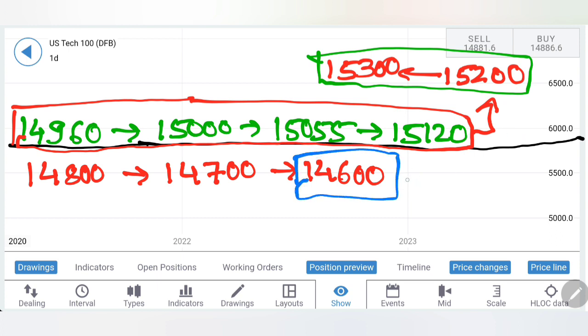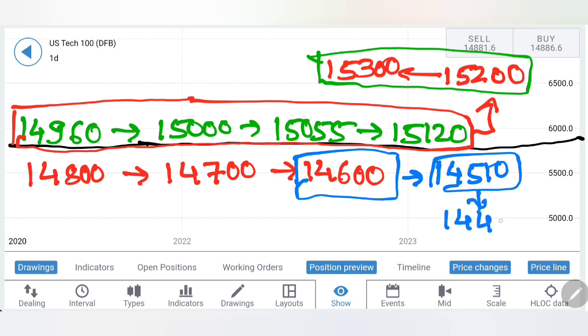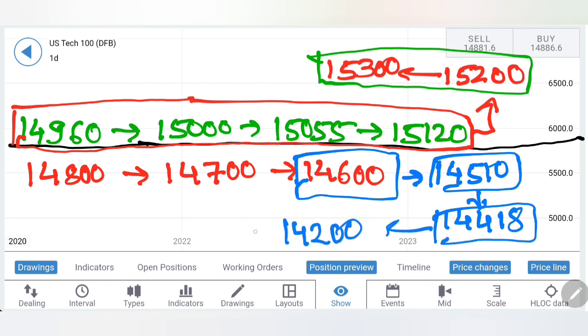And in fact, 14,600, 14,510, and below that 14,418. Three support levels, below which it is going to break for 14,200, and below that we may see it hitting 13,900 levels in the near future.